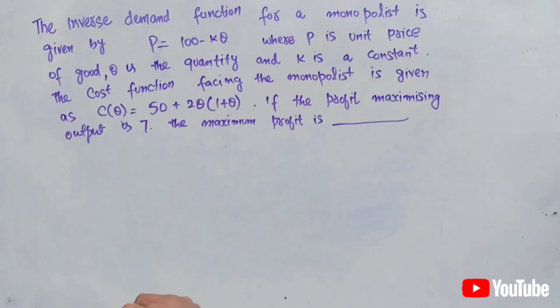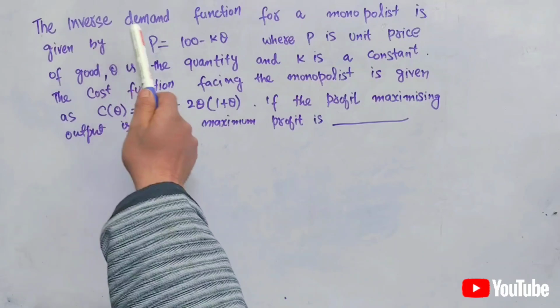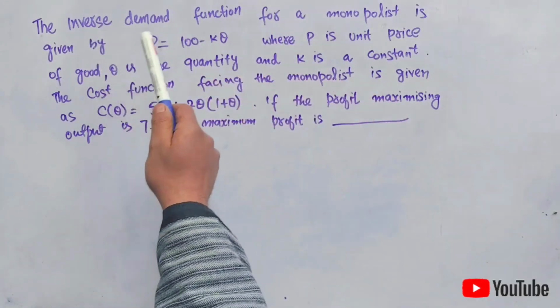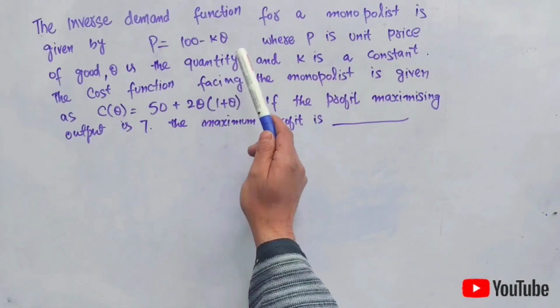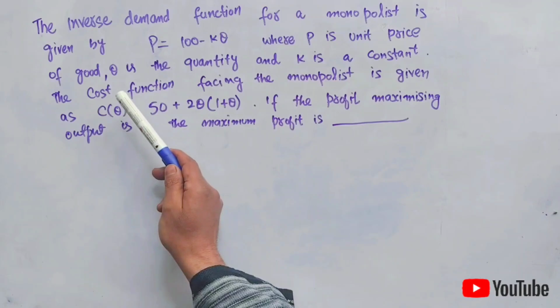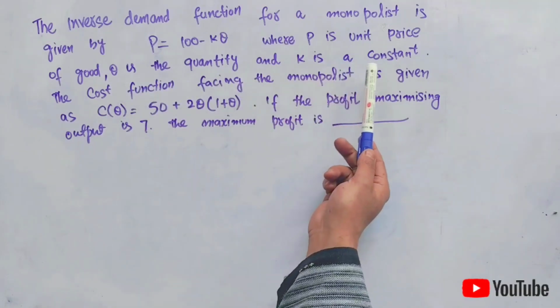The question is to find the maximum profit for the monopolist. The inverse demand function for a monopolist is given by P equals 100 minus KQ, where P is the unit price of the good, Q is the quantity, and K is a constant.